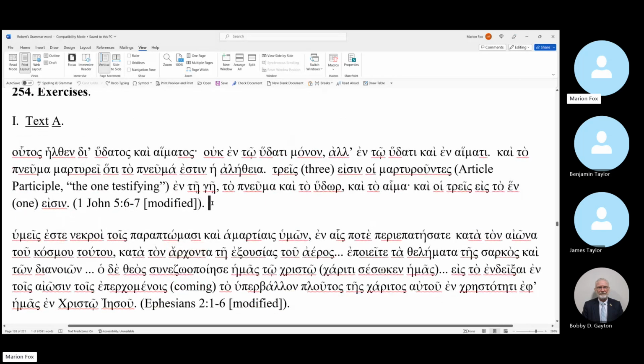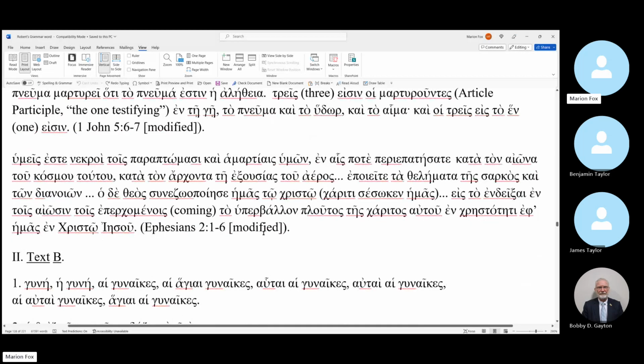This is 1 John 5:6-7, modified a bit. So you might find that to be pretty much like 1 John 5:6 and 7. This down here is Ephesians 2:1-6, modified a bit.